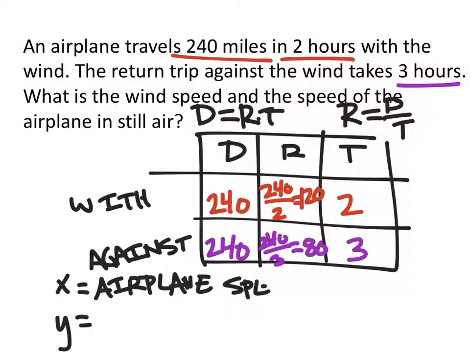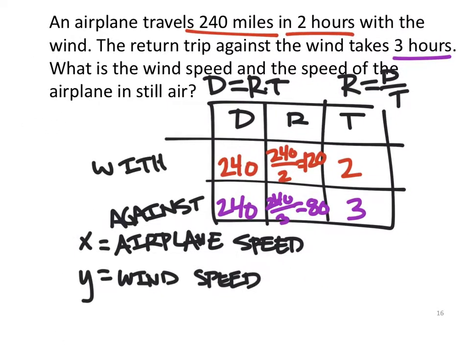Again, this is speed. And if you're wondering how we know that it's speed, it's because the two variables in your system need to represent whatever it is that you're solving for, right? Because once you say x equals something, then it should solve at least one of the two things that we're looking for. So airplane speed is x, and y is going to be my wind speed. Now speed is a rate comparing distance and time.